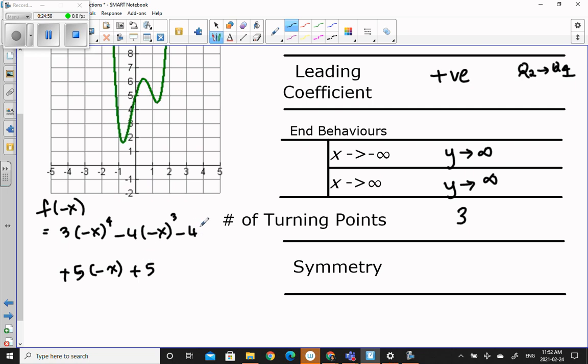So it works out to 3x to the power 4 plus 4x cubed minus 4x squared minus 5x plus 5, and so it's not equal to f of x or minus f of x. So its symmetry is none. It's neither even nor odd.